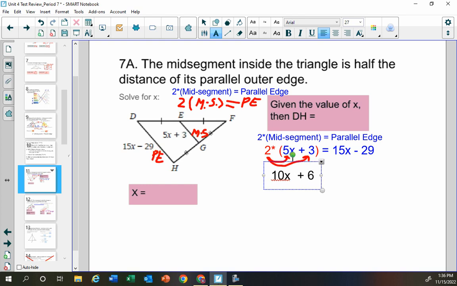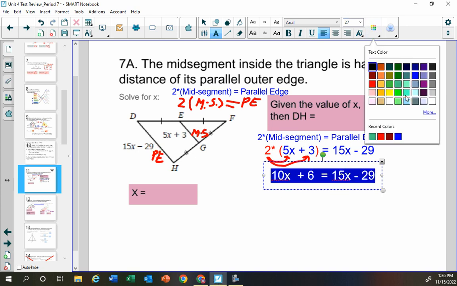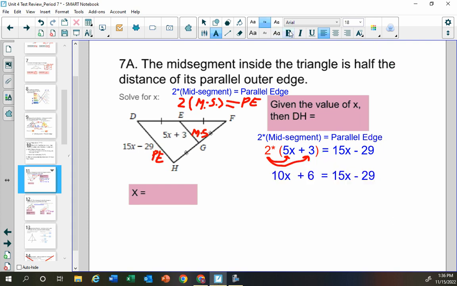You have to multiply the 2 by both terms. Some of us were still forgetting that. 15x minus 29. There's your setup. Minus 10. You can do that. So Brooklyn said we need to minus 10 on both sides. She's right. Minus 10x, I should say. Minus 10x.